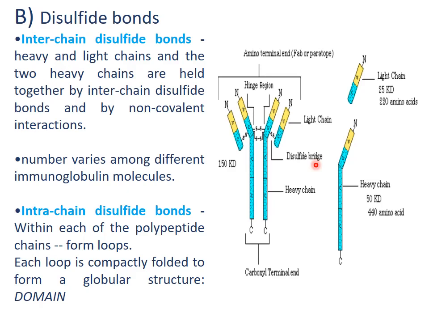Within each polypeptide chain, the intrachain disulfide bonds help to form loops, and these loops are compactly folded to form a globular structure called a domain. You all know what a domain is, isn't it?